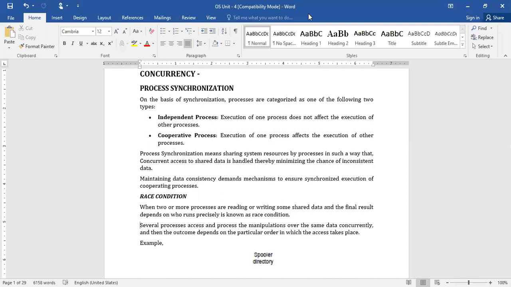another important concept which we have already discussed previously, which is process synchronization.